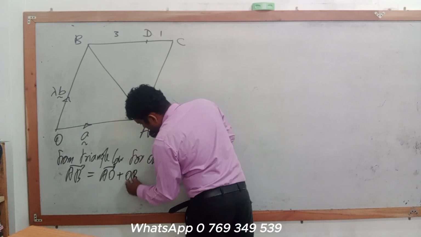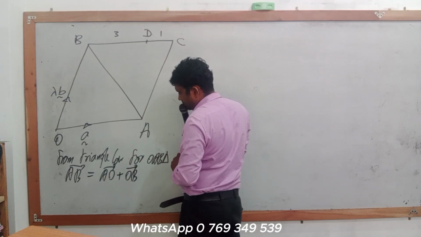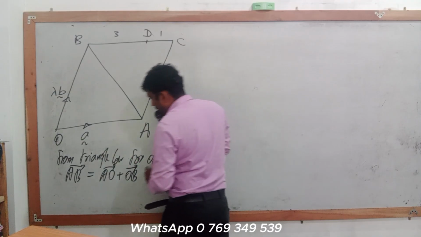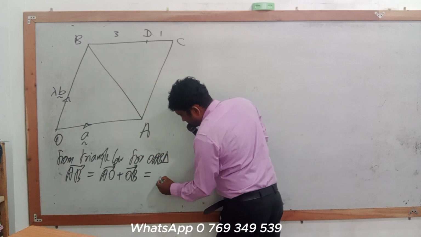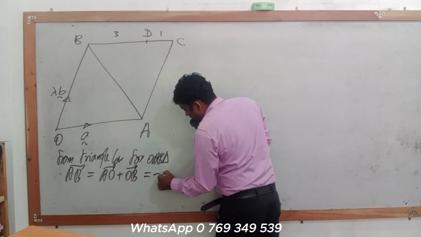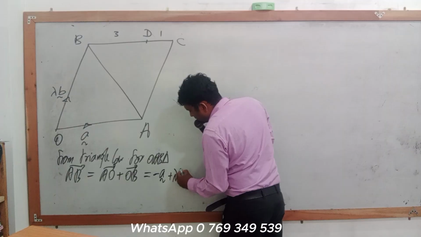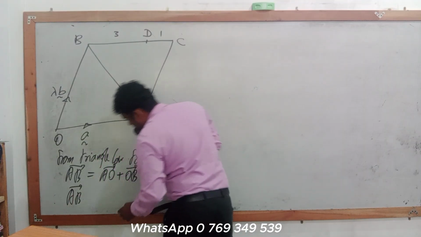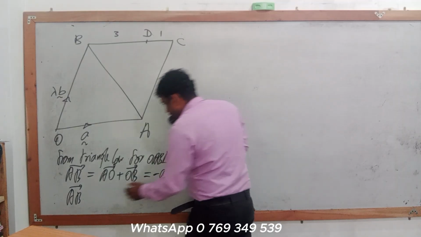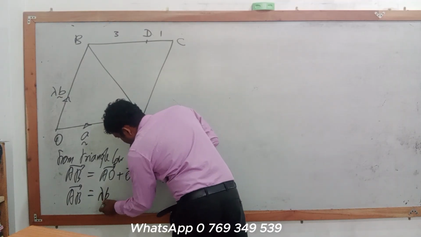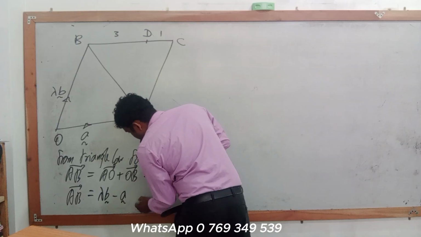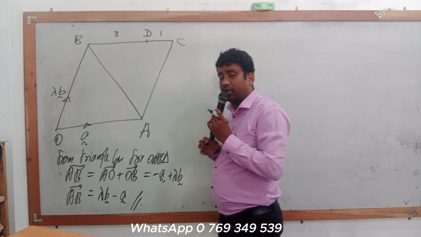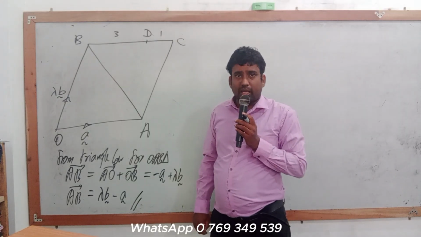AO plus OB, right? What is the AO? AO is minus a, plus lambda b. Therefore, AB equals lambda b minus a. Okay. Now that is AB.